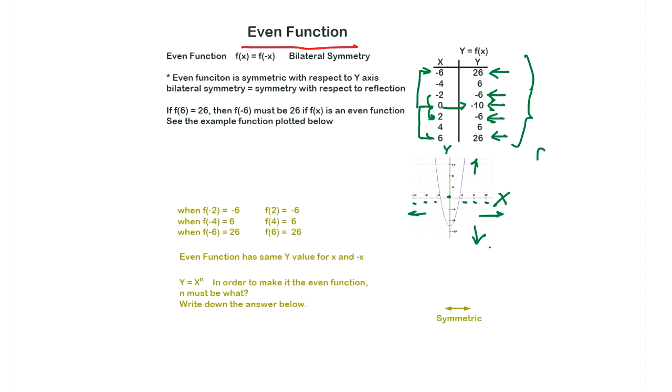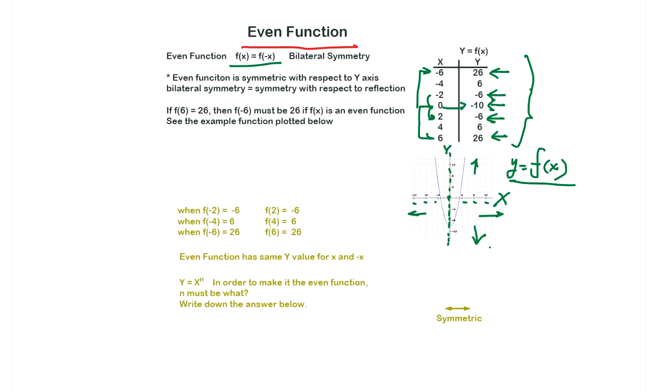So f, y equals function of x. We learned about this, right, in the previous video. And this is symmetric along the y axis. This kind of function is called even function. And what happens is f(x) equals f(negative x).